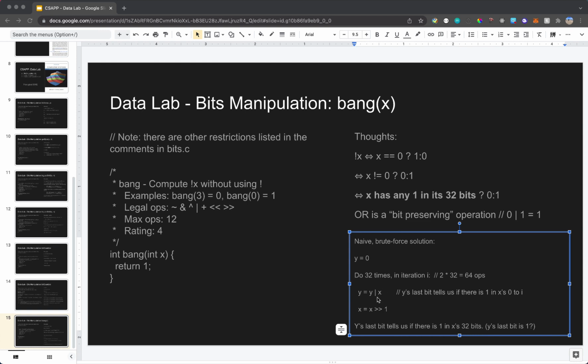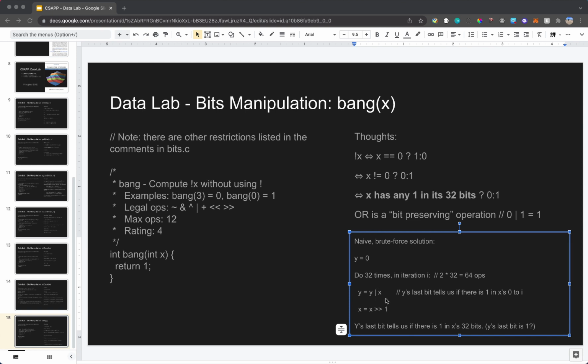The core thing we are doing in this solution is essentially processing only 1 bit in each iteration. Can we do more than 1 bit per iteration? Notice that this OR operation is not only processing 1 bit at a time, it's actually processing all 32 bits from both variables, but we are only looking at the last bit every time.